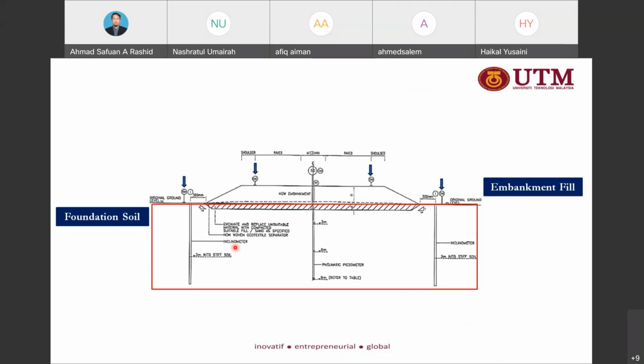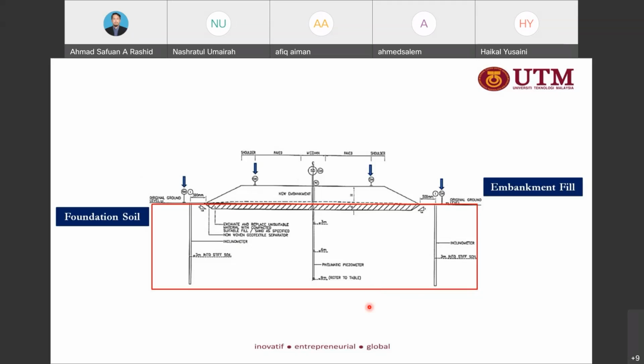For the foundation soil, there will be two sets of inclinometer, especially to monitor for any lateral movement that happens on the foundation. And also at the center is a pneumatic piezometer, to ensure the stability of the embankment under the pore water pressure measurement.